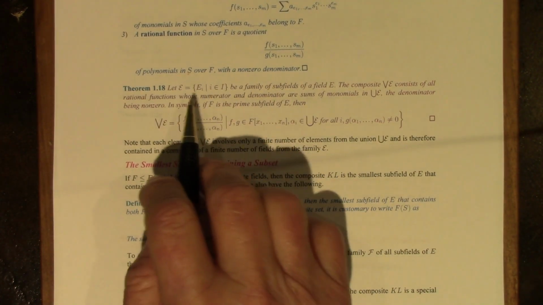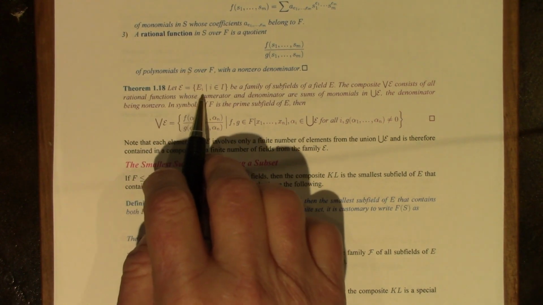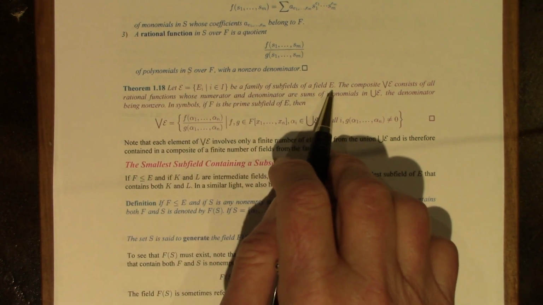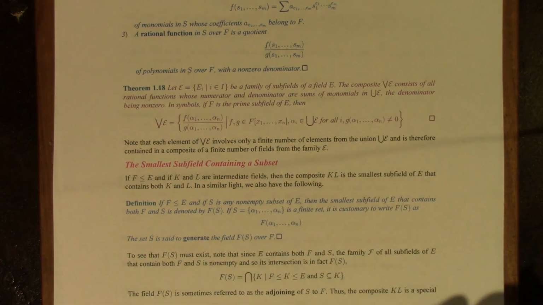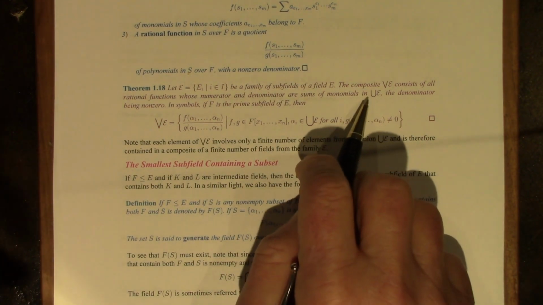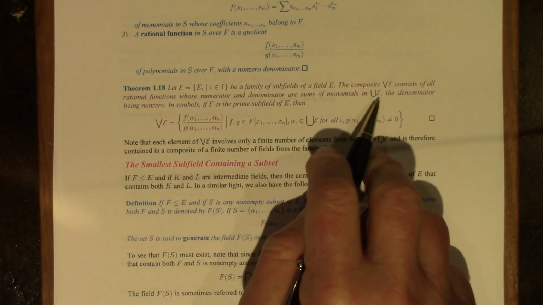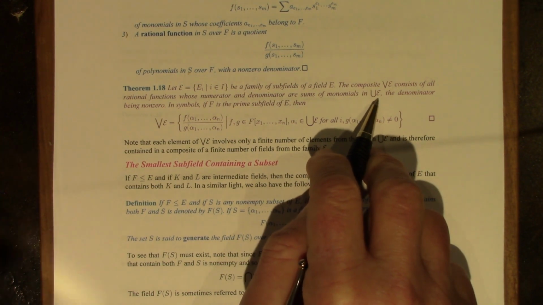Now we can say that if we have a family of subfields of a field E, the composite consists of all the rational functions whose numerator and denominator are sums of monomials in the union of the family members. And again, the denominator must be non-zero.